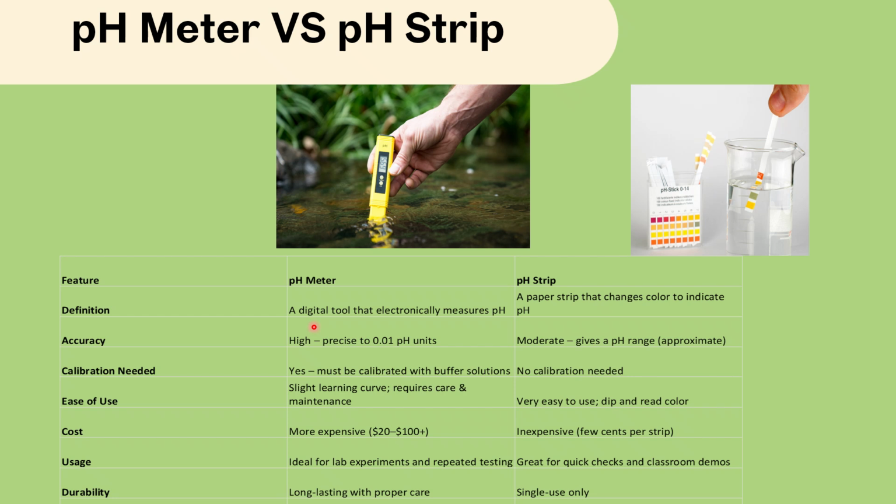When it comes to the pH meter, as you can see from this picture, they are digital. They're going to give you digital readings. With a pH strip, it's going to be paper. So once I dip this paper in, I have a chart and I'm going to see what color matches with that paper. Sometimes it doesn't even have to be a paper.